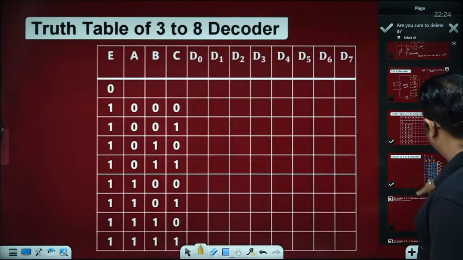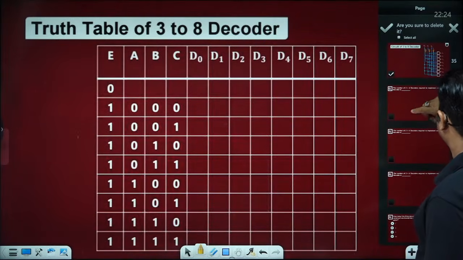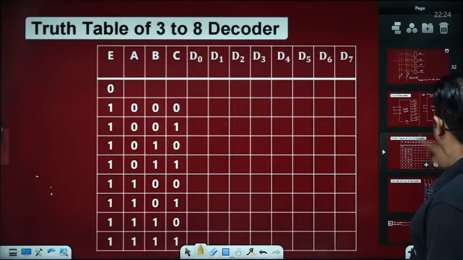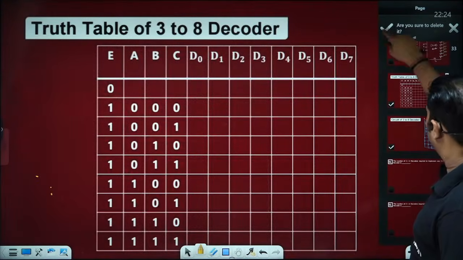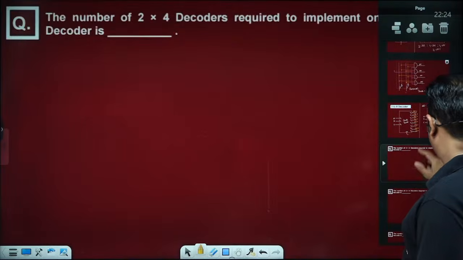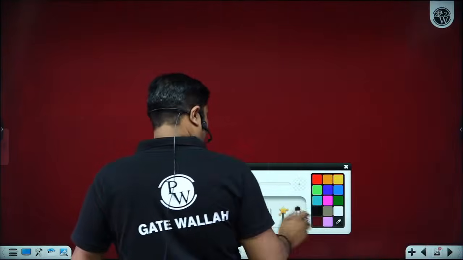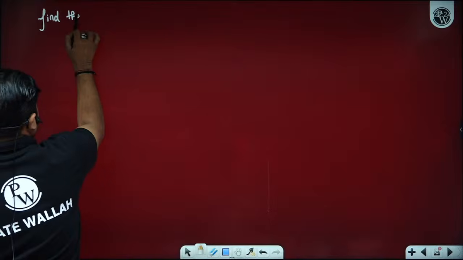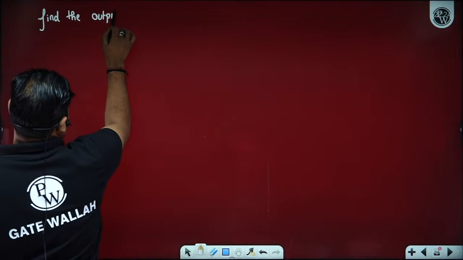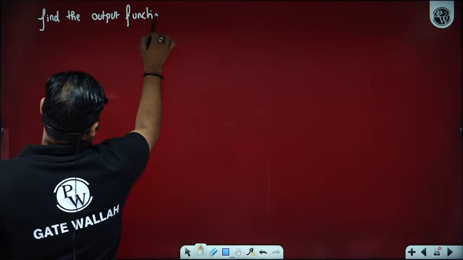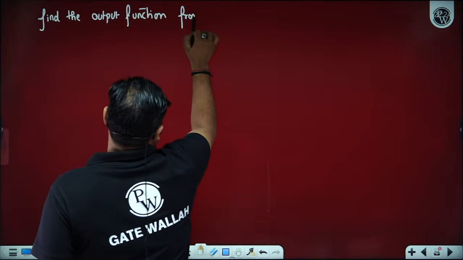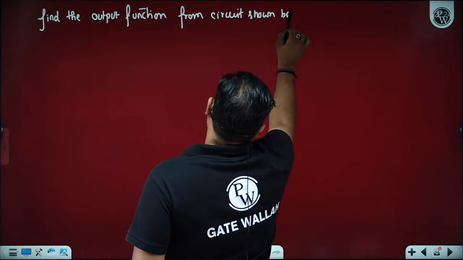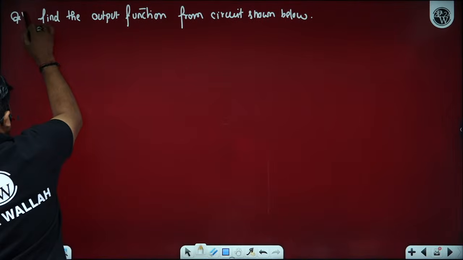Let's have a discussion of one question based on the same. Find the output function from the circuit shown below. Suppose the decoder is given like this, how to solve the question based on the decoder?